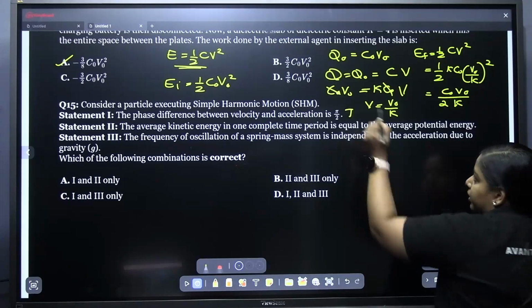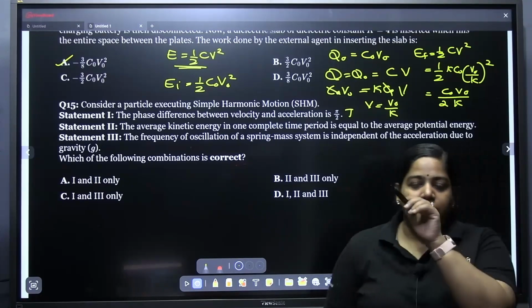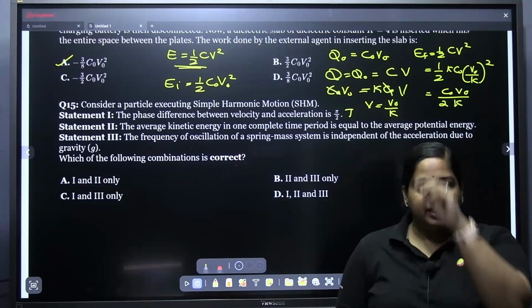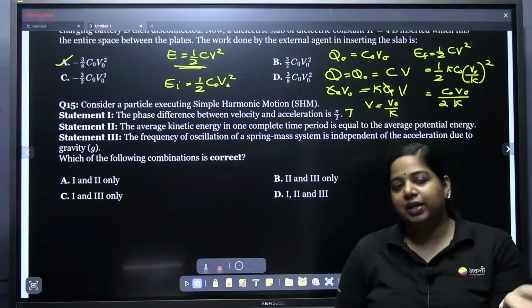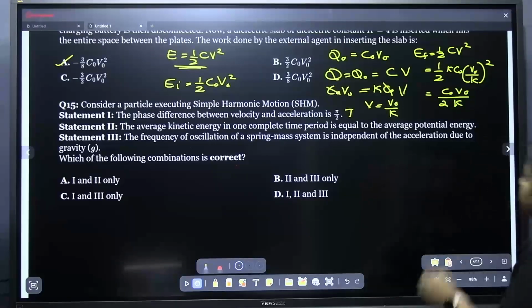This is true. Then statement 2, average kinetic energy in one complete time period is equal to average potential energy. We know that total energy is constant. Kinetic energy and potential energy are inverse to each other, so their average will be the same. So this is also true.